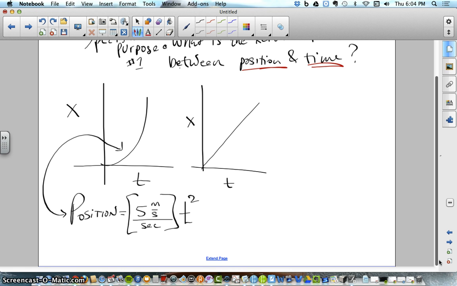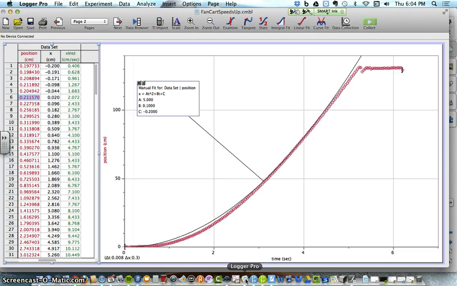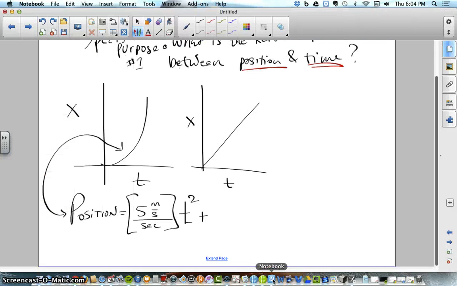Now let's see what my b term was again. I already forgot. It was 0.1. Okay, so plus 0.1, and the units here have to be centimeters per second. 1 second. So it's 0.1 centimeters for 1 second because I have a t term there.